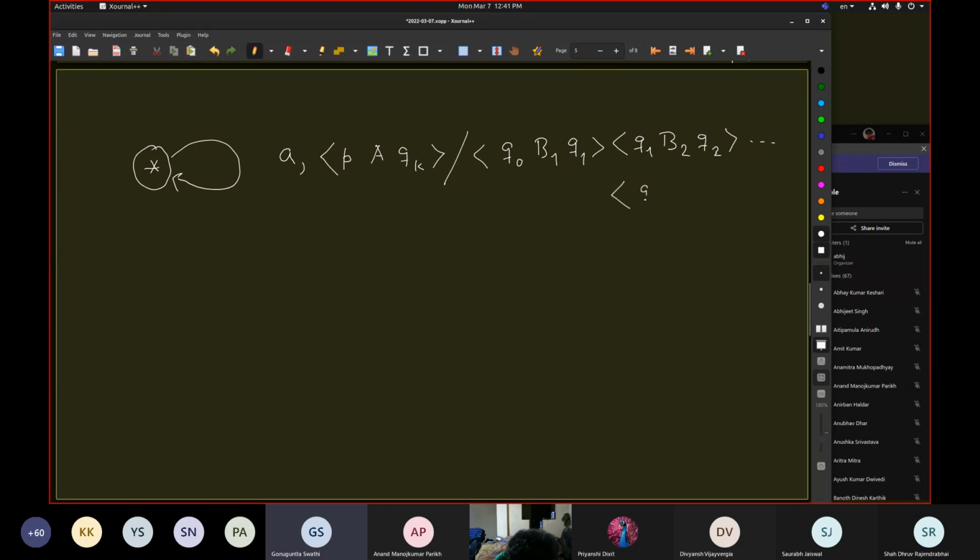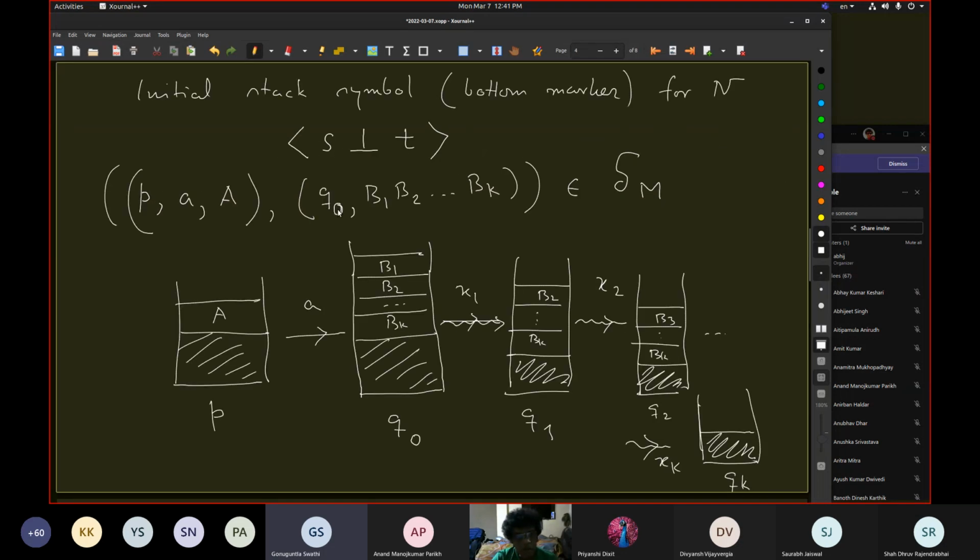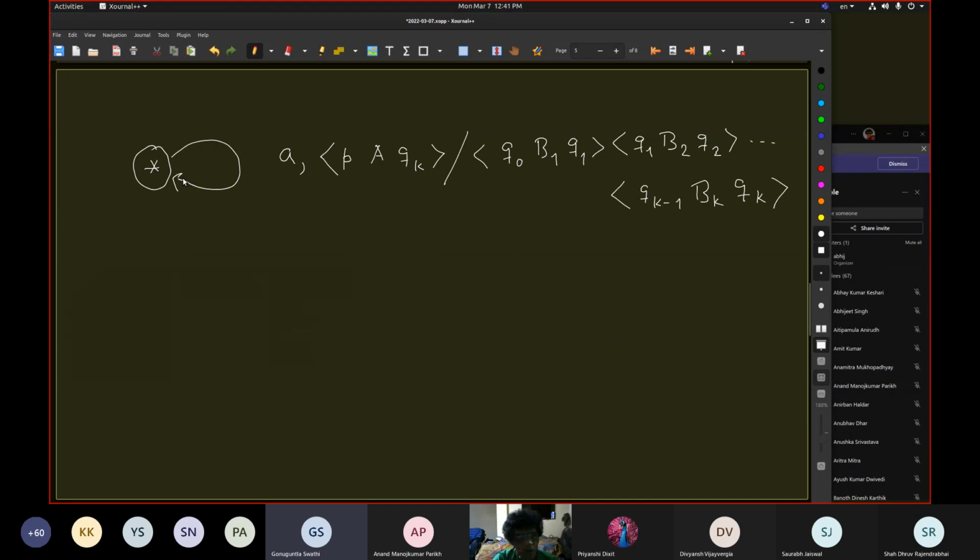Eventually you are in state Qk minus 1, get rid of Bk and end up in state Qk. This is how I convert this transition for M to a transition which is a loop for N.